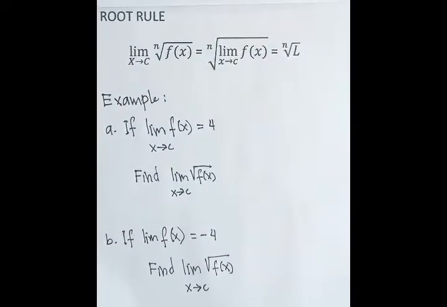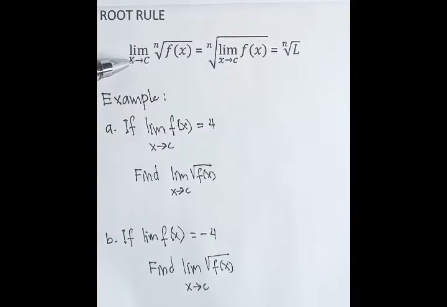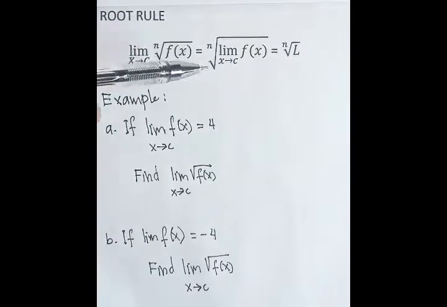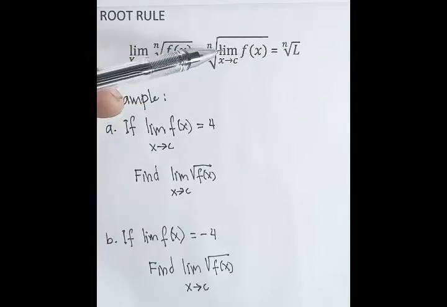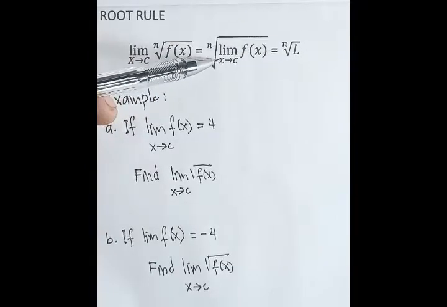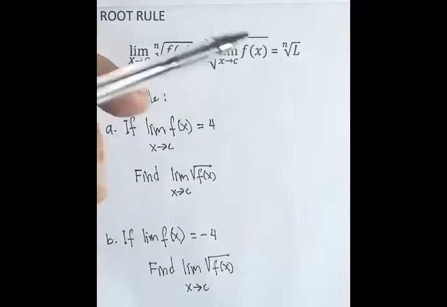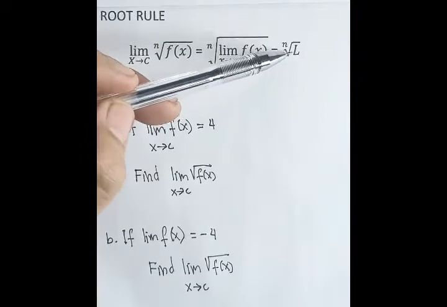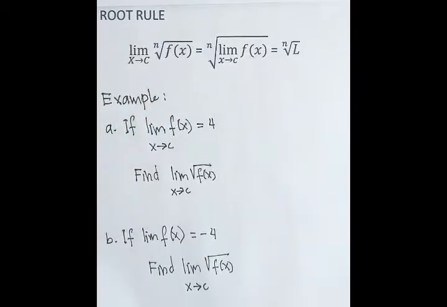Root rule. To find the nth root of the function of x as x approaches c, it is simply the nth root of the limit of the function of x as x approaches c, or simply the nth root of the limit. So, okay, we'll have some examples.